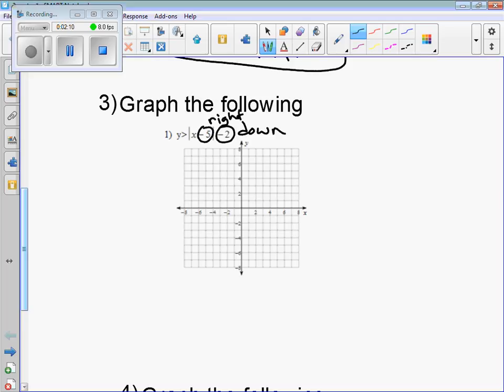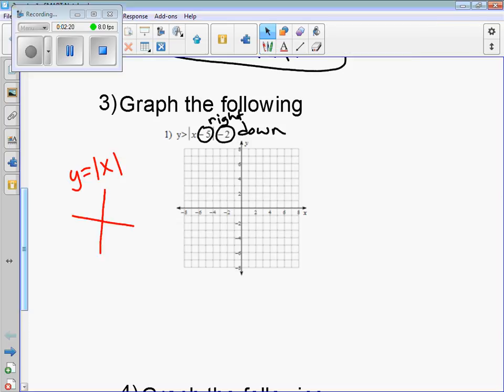For the parent function y equals absolute value of x, you should have memorized the coordinates 0, 0, 1, 1, and negative 1, 1. We have to take all those coordinates and translate them right and down.